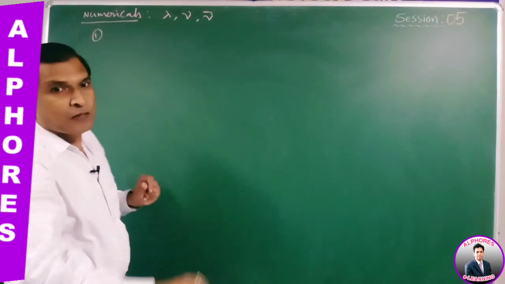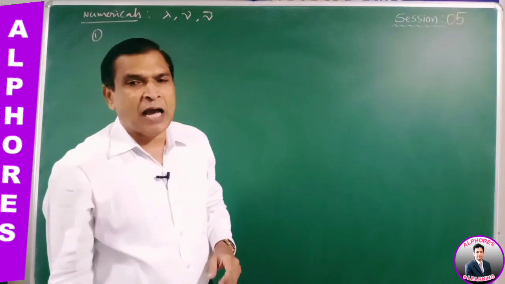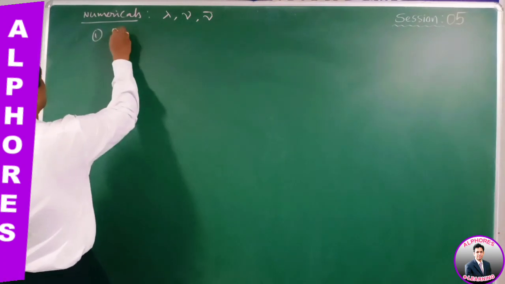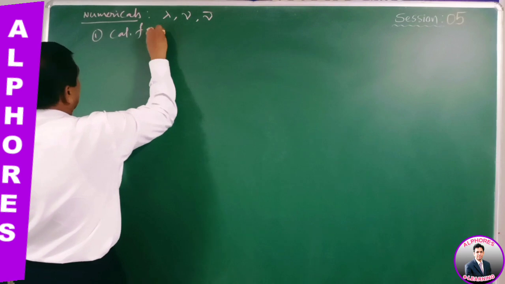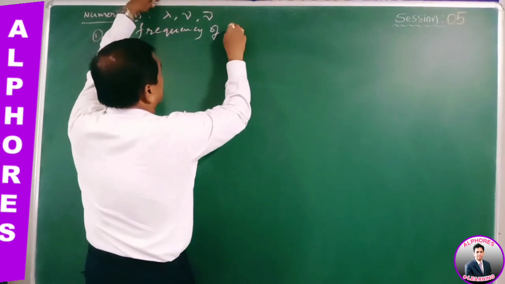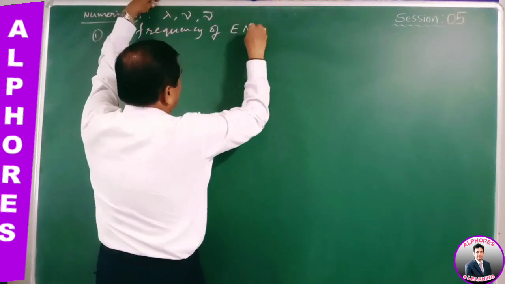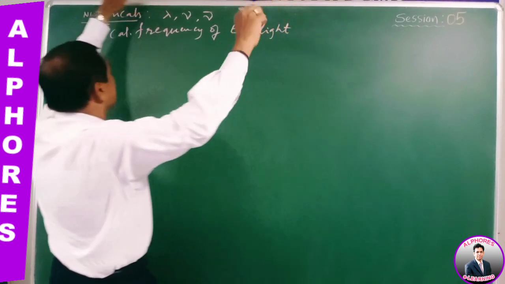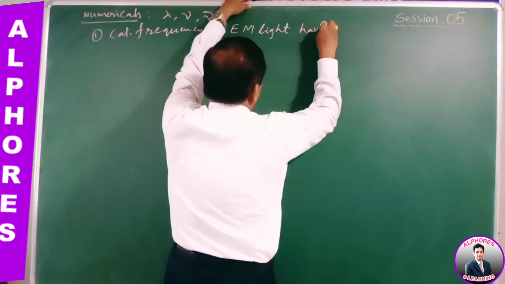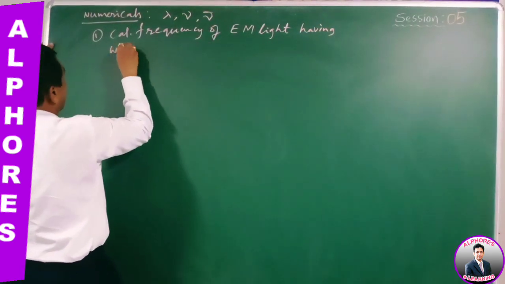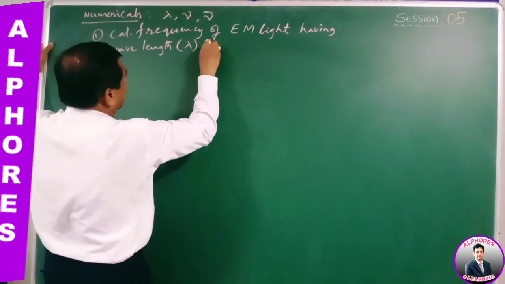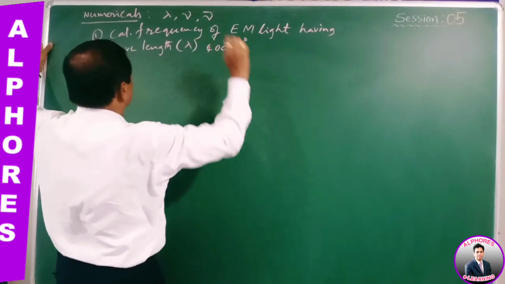Let us take the first problem. Calculate the frequency of electromagnetic light having wavelength lambda, that is 4000 angstroms.